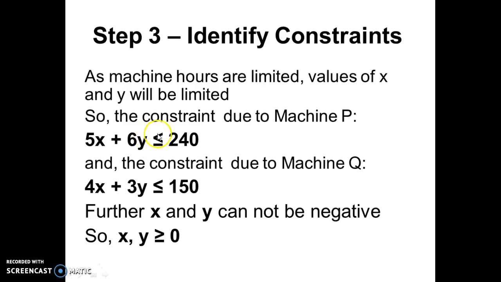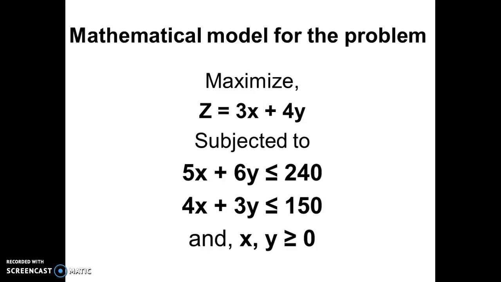That must be less than or equal to the total available, that is 240. Similarly, for machine Q, we may write 4x plus 3y must be less than or equal to 150. Further, x and y cannot ever become negative. So x and y have to be greater than or equal to 0.